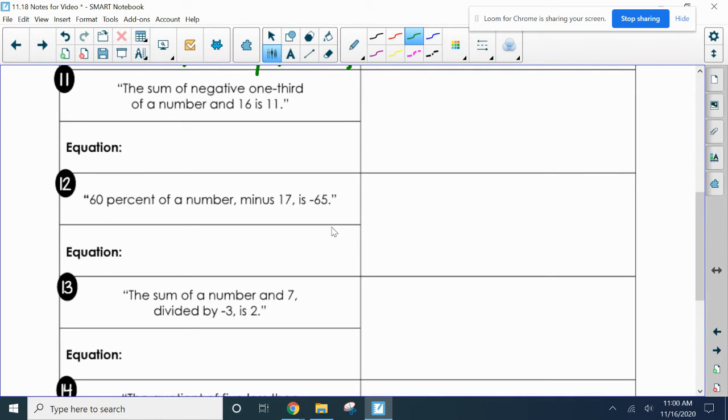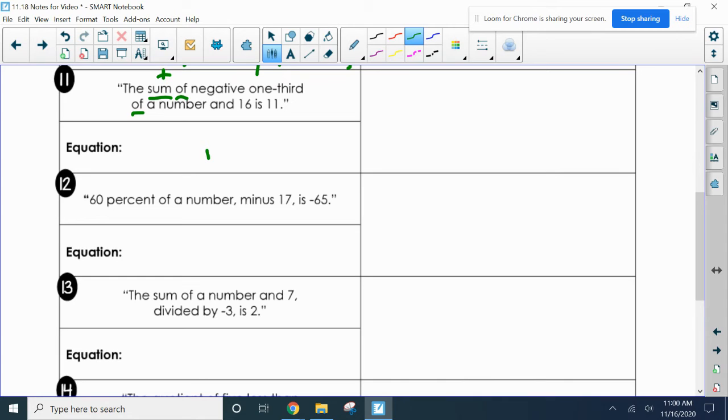So then we have the sum of negative 1/3 of a number and 16 is 11. So sum means addition. Of is multiplication. So negative 1/3 of a number.